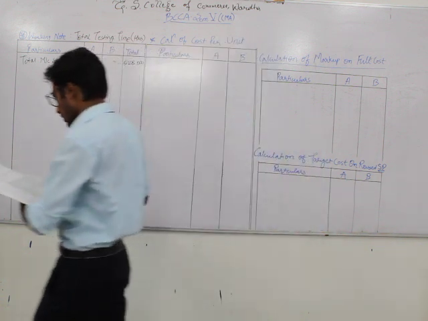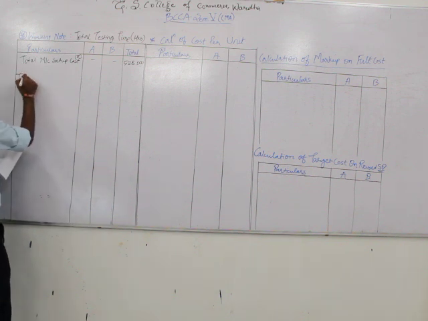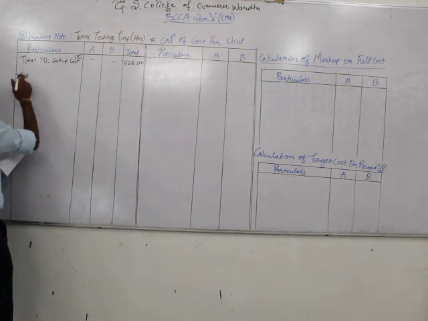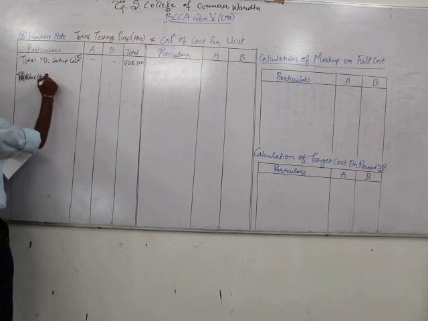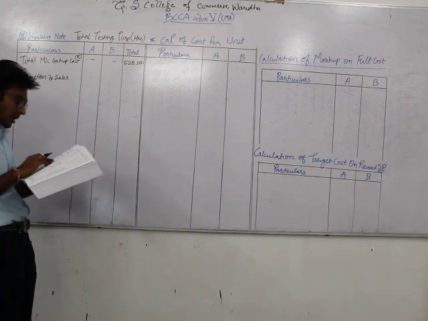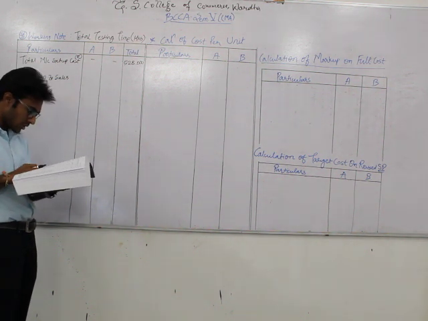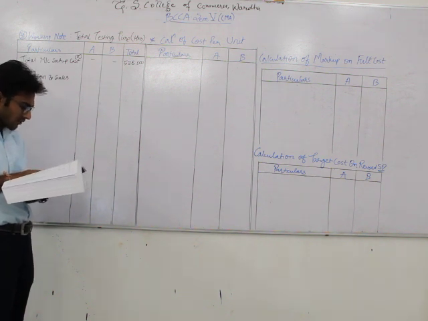So we will first write here total production and sales. You can get production and sales from your question only, which is written in the starting of the question.